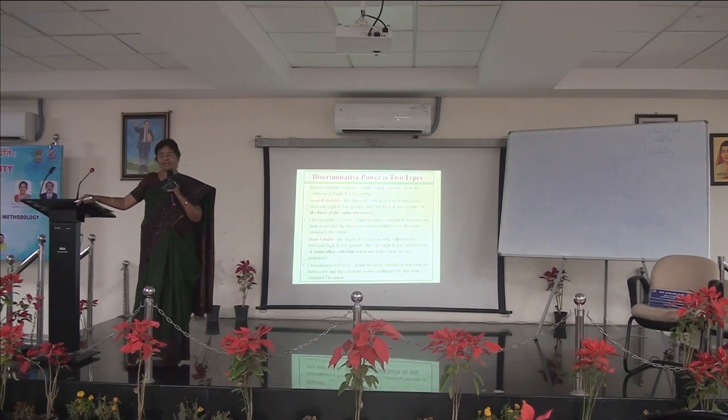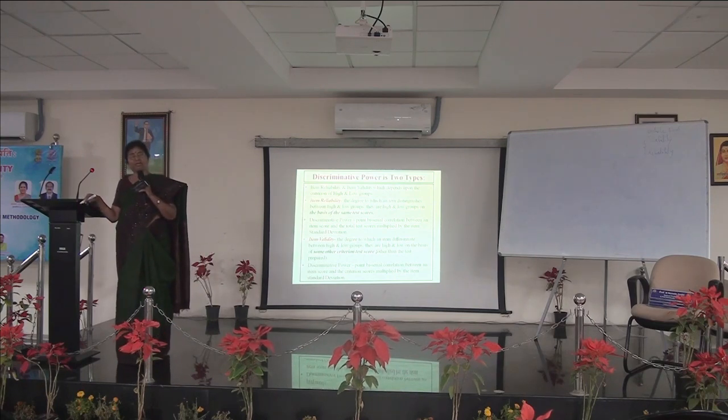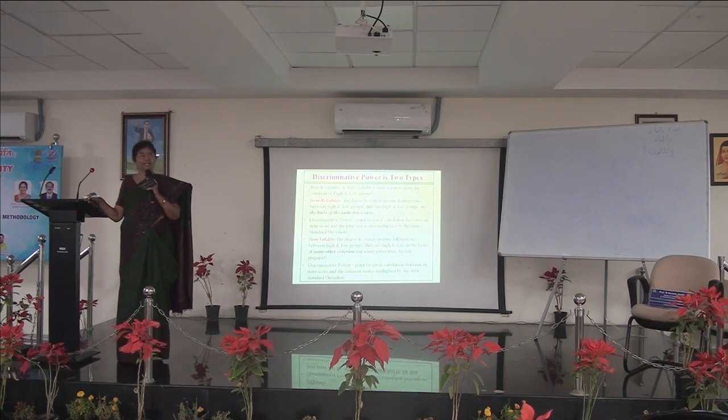And the types of correlation are also based upon the nature of the traits that we are measuring, using the scales of measurement. There are different scales of measurement: nominal, ordinal, interval, ratio.